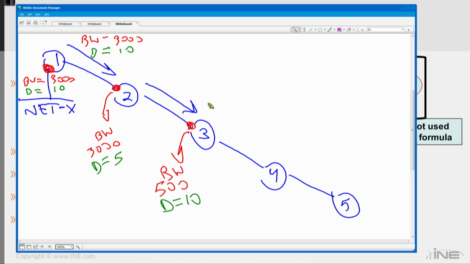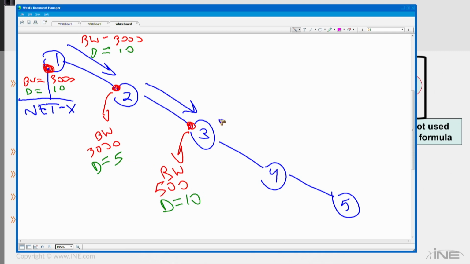So from router 3's perspective, when he comes up with his metric in that nasty formula that we saw, he's going to plug the number 500 into the bandwidth column because it's the lowest bandwidth along the path. He's going to ignore these 3,000s. He's going to take the weakest link in the chain, the lowest bandwidth. And then the sum of the delays at this point will be 25. 10 plus 5 plus 10.